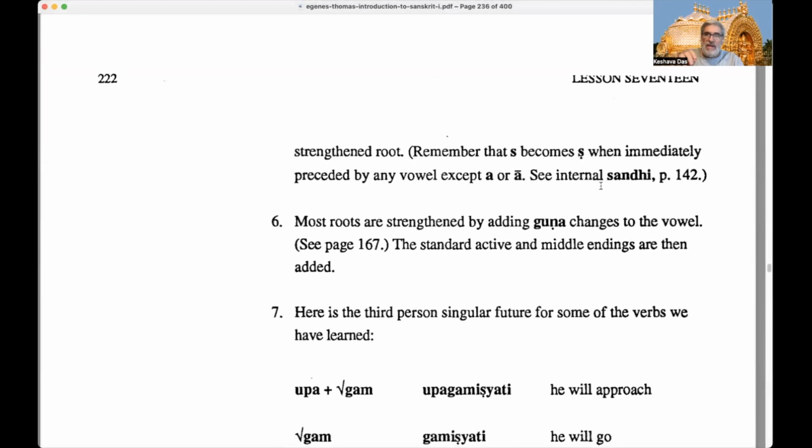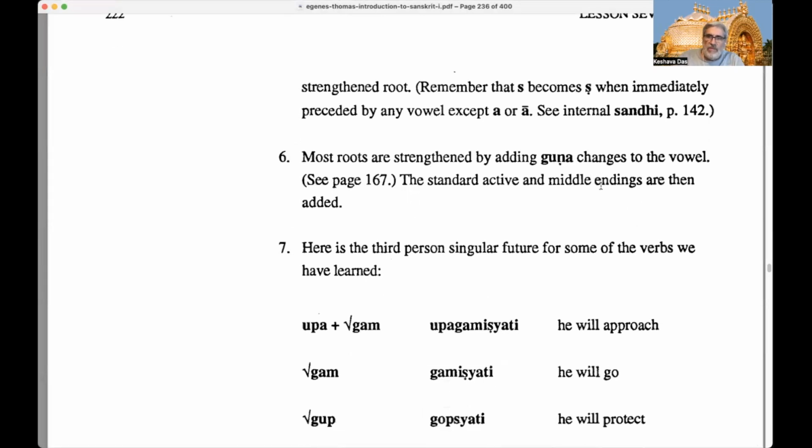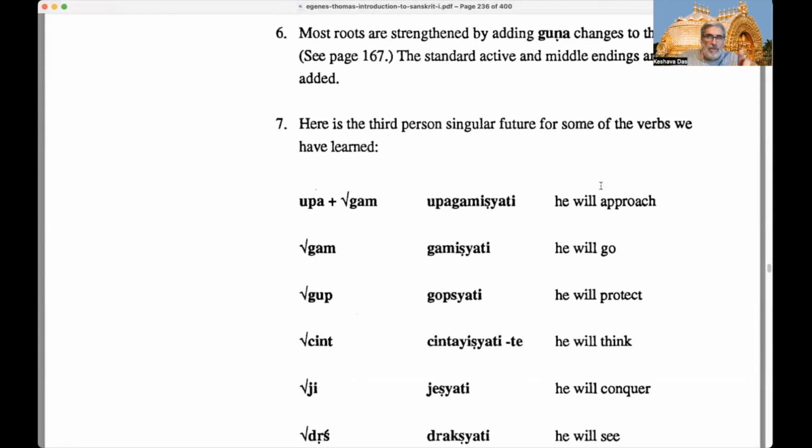And then we add the endings, like ti, tah, anti, like that. We add those endings onto the end, either active endings or middle endings, what we call atmanepada or parasmaipada endings, which we've learned already. Okay, so it sounds difficult, but it's not really that difficult. Let's have a look at some examples, right?